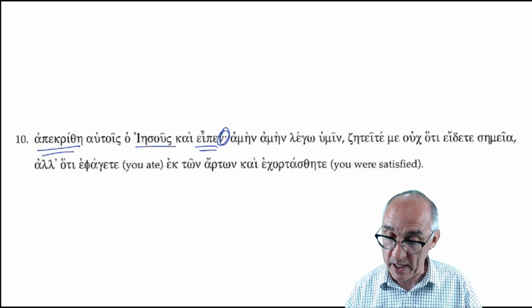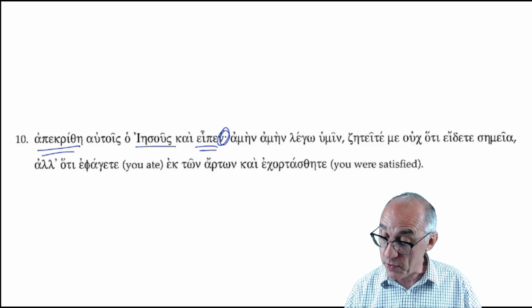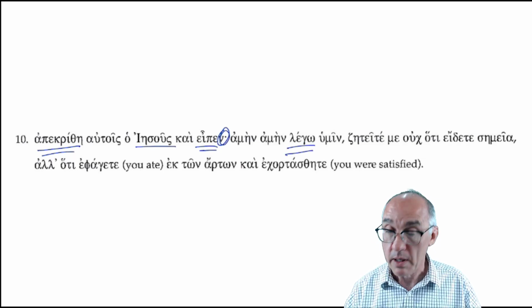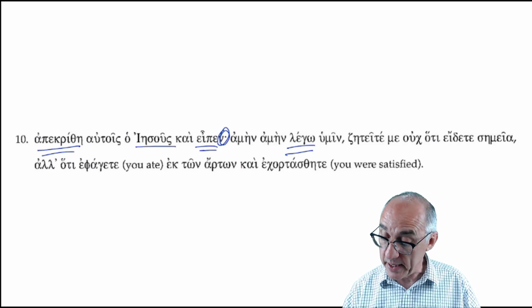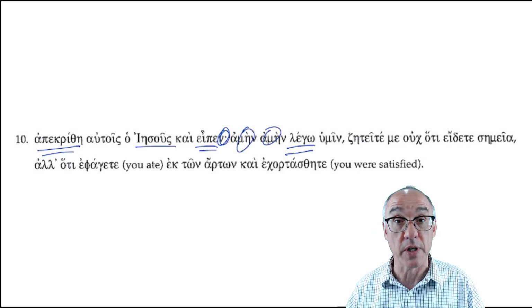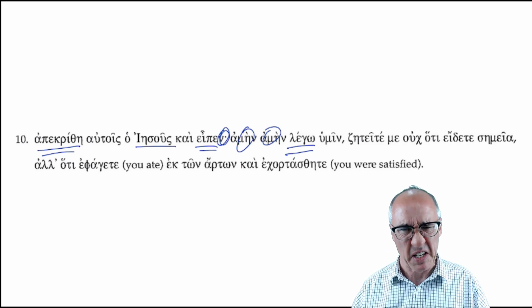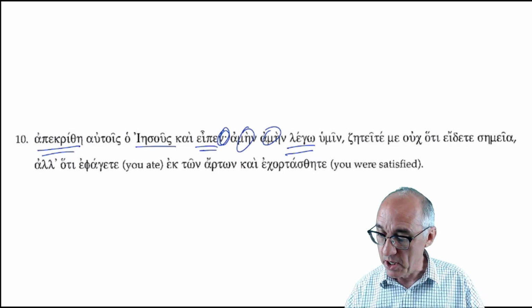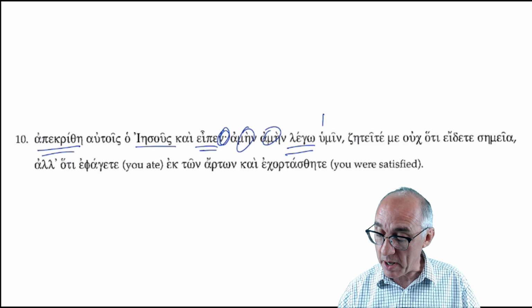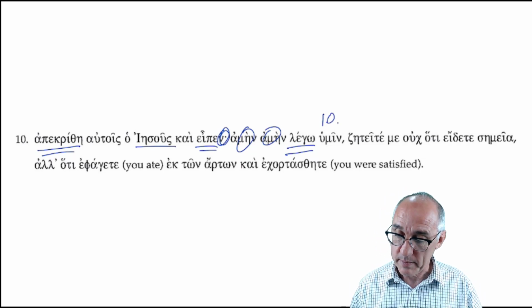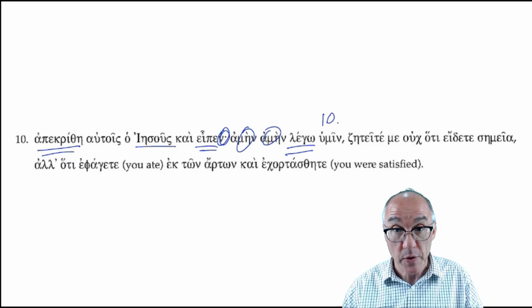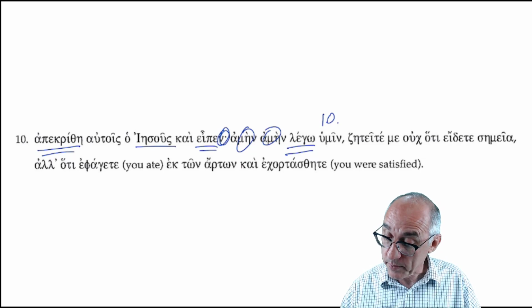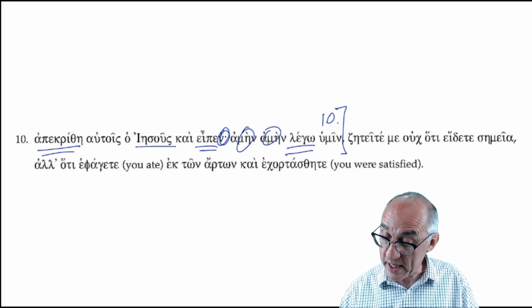We have a break here. Where's the next verb? Lego. There's our next verb. Lego, and he said these two things. They're the accusatives. And it says amen, I say amen, amen. Human, there's your indirect object. And that's fine. So that's your next section. Let's break that off.